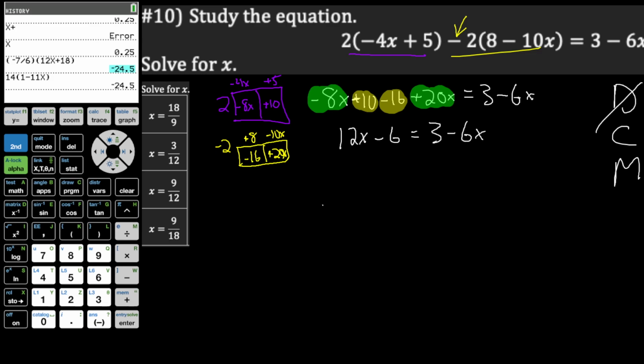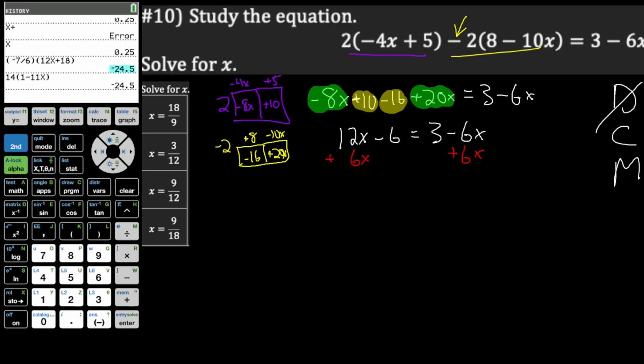Same step as before, still combining like terms. We have to get variables on one side. If we look, my coefficient of negative 6 is lower, so that's what we're going to add the opposite of. The opposite of negative 6 is positive 6x, added to both sides.